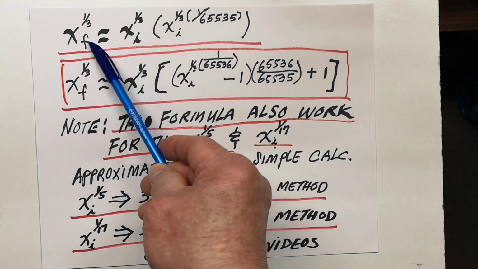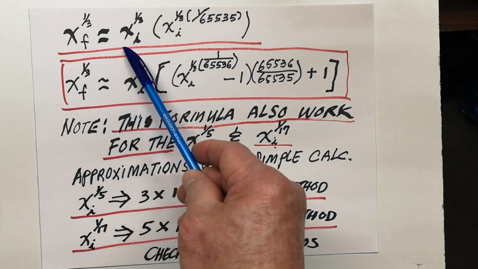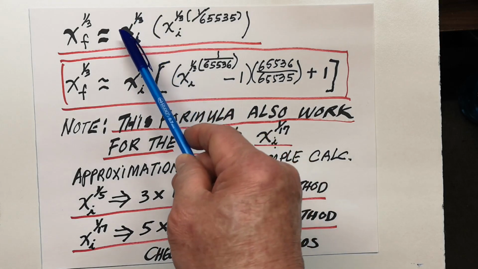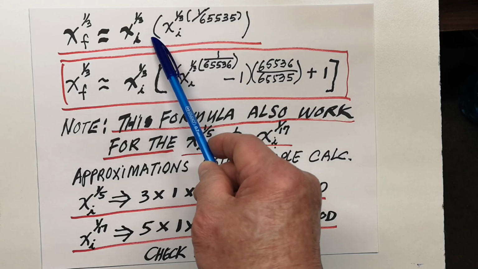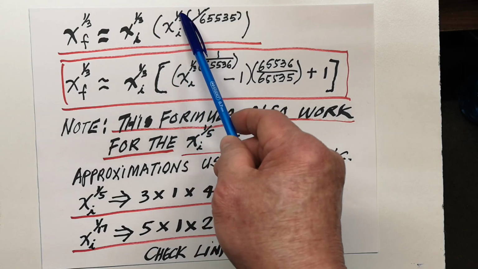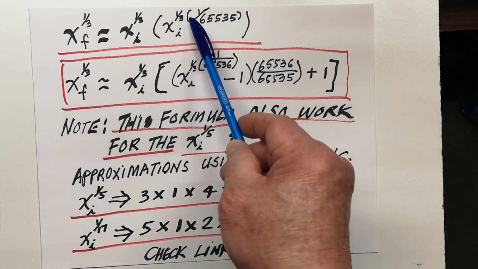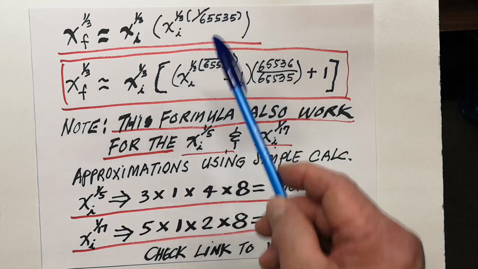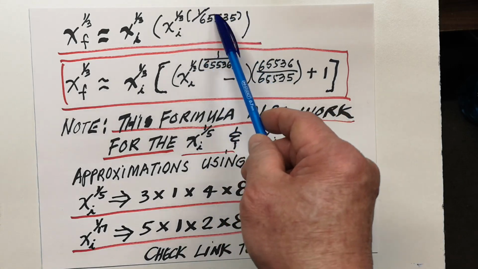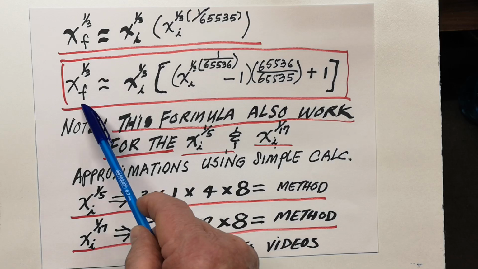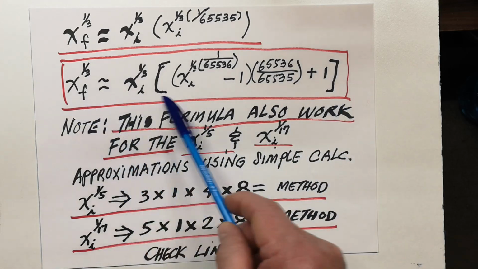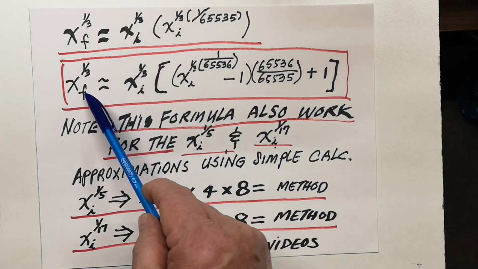So the cube root of x final is equal to the cube root of x initial multiplied by the cube root of x initial raised to the 1 over 65535. Substituting, you have this formula.